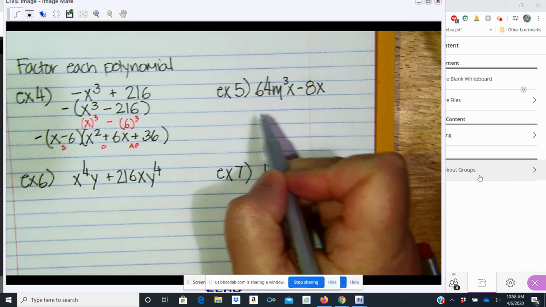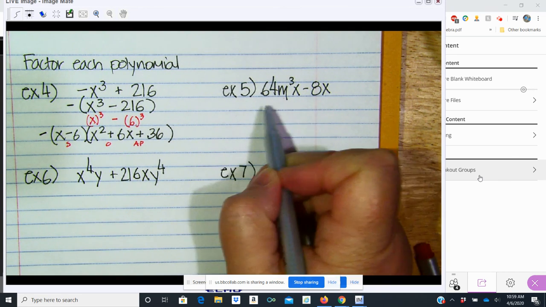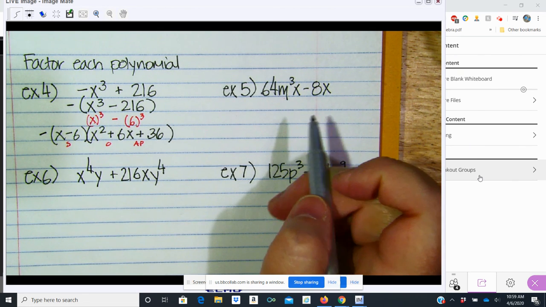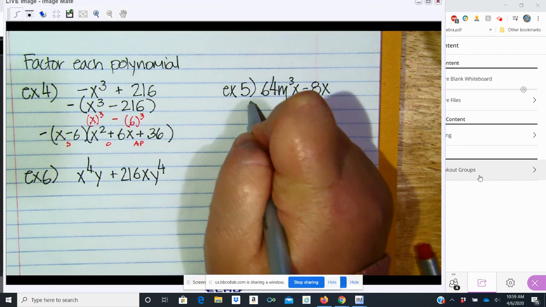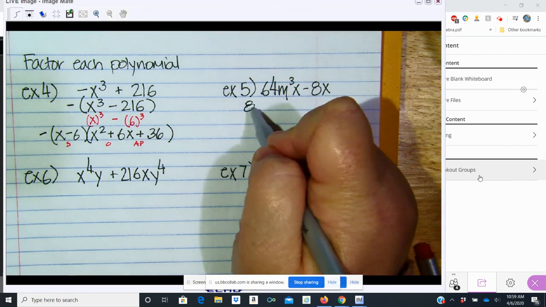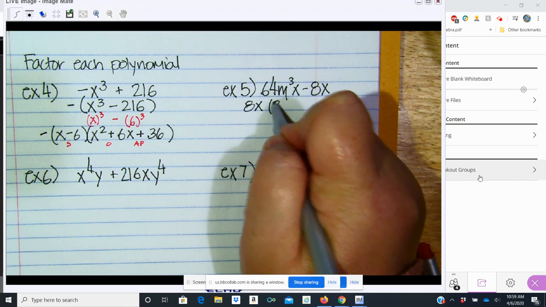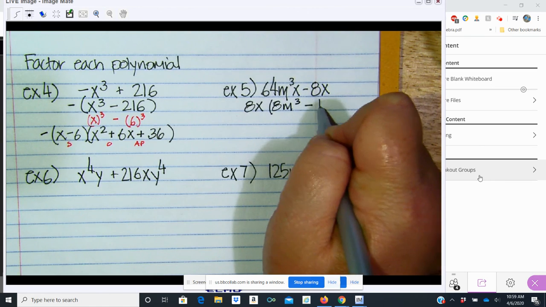Okay, example 5. Is there anything we can pull out of both of those terms? 8 can get pulled out. Anything else? 8x can get pulled out. And then I'm left with 8m cubed minus 1.